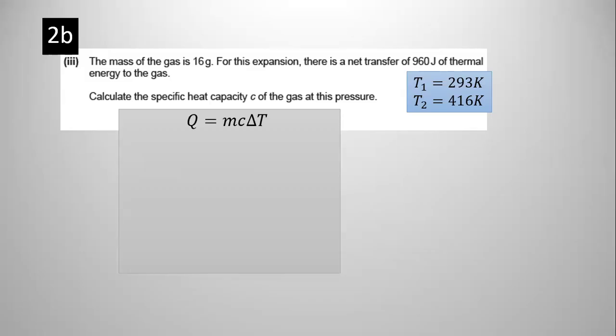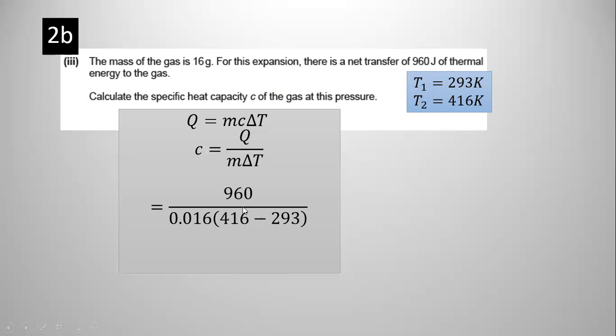Either small q or big Q is mc delta T. For c, cross multiply: m and delta T go down there. Put in your value: 960 joule, m changed to kilogram, and then this one subtract that. Check your working.